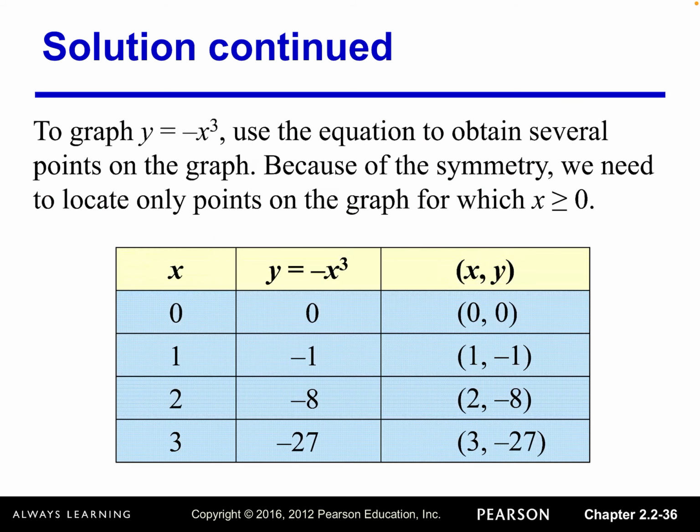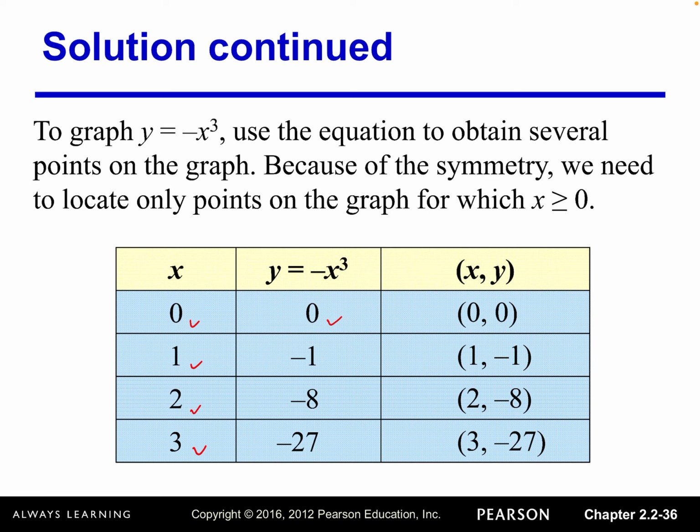So now we can graph this equation by plotting points. We create a data table, and we let the variable x be 0, 1, 2, 3, okay? And then we plug into the equation and evaluate y. When x equals 0, 0 raised to the third power times -1 is still 0, right?